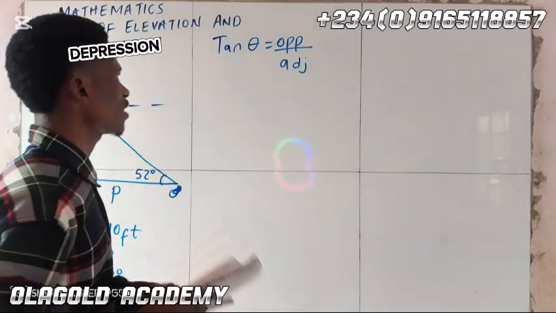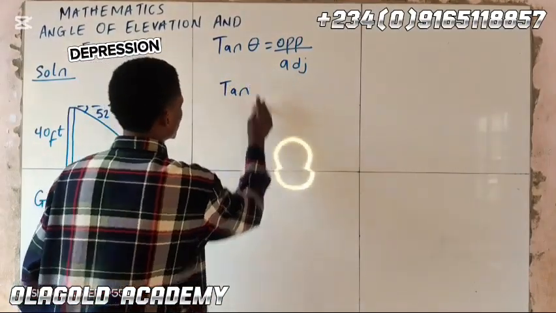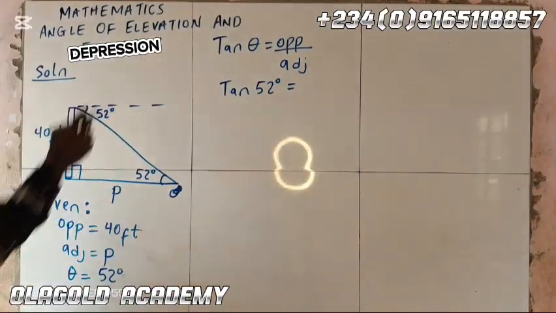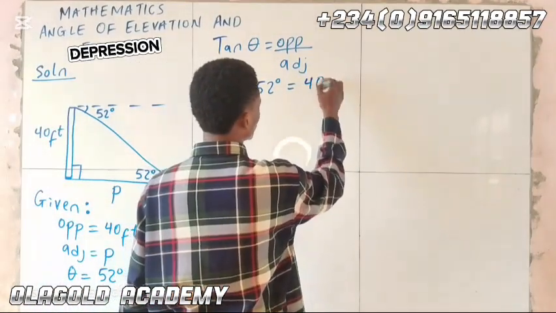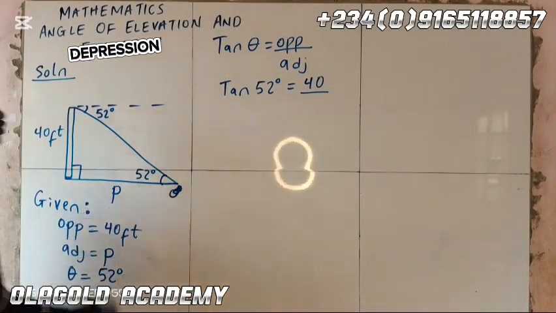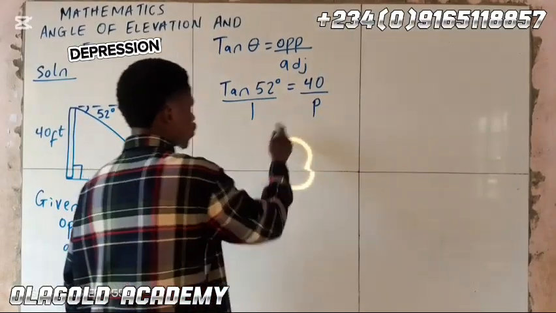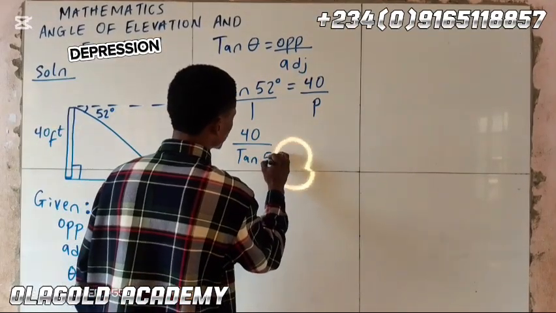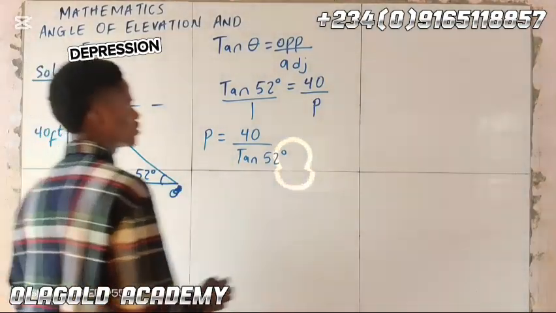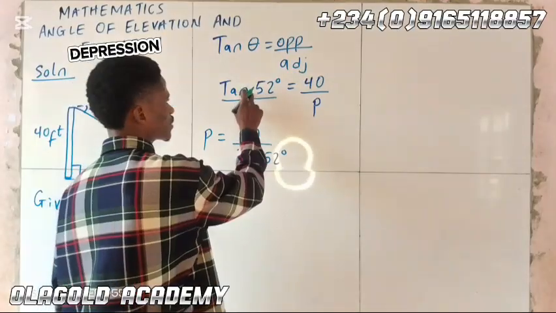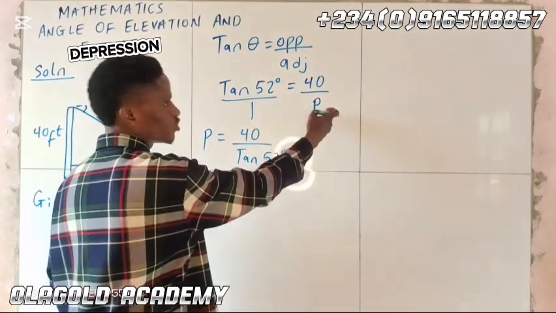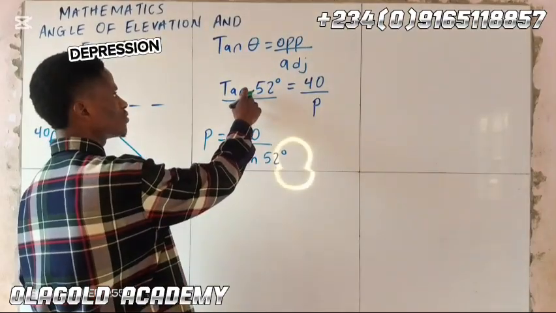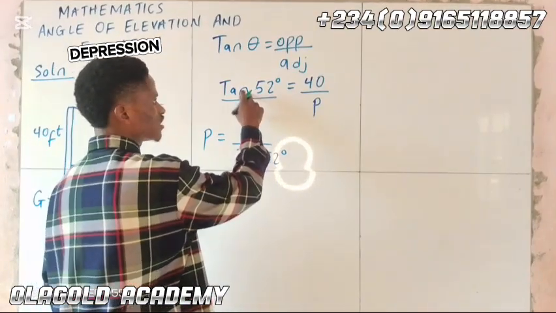Tan 52 degrees equals 40 as the opposite, over the adjacent, which is P. By cross multiplying, I will have P equal to 40 over tan 52 degrees, because tan 52 will be my coefficient of P, which I'm going to use to divide both sides.